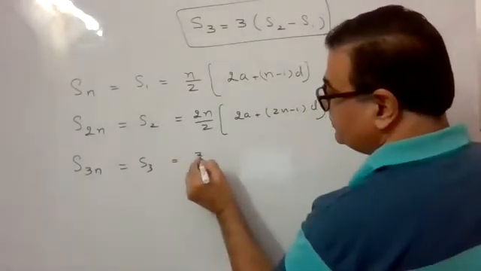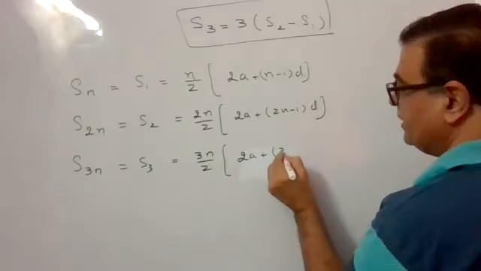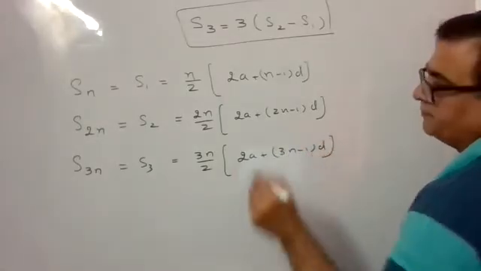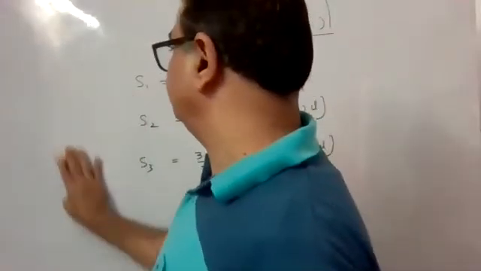And S3 comes out to be 3n by 2, 2a plus 3n minus 1 into d. So I got S1, I got S2, I got S3.